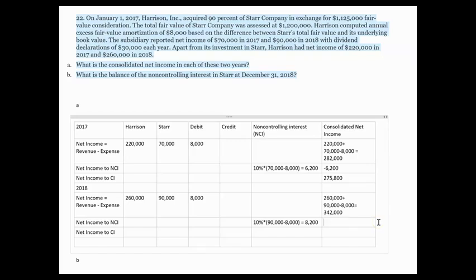Then we use consolidated net income minus 8,200, and the net income allocated to controlling interest is 333,800. That's the solution for question A. I'm going to use the next video to give you the solution of question B.